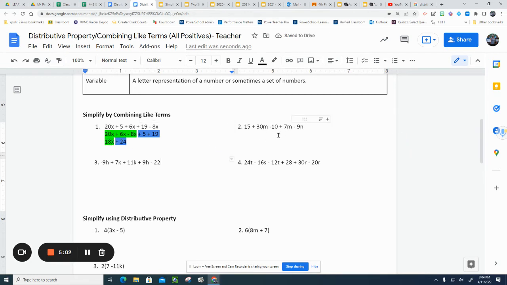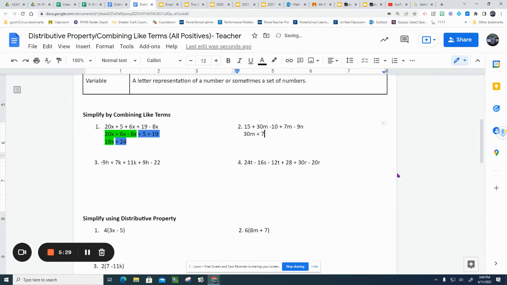Same thing here. You are going to bring down your letters, your numbers with coefficients. So 30m minus 9m, and it has an n as well, so that's not right.